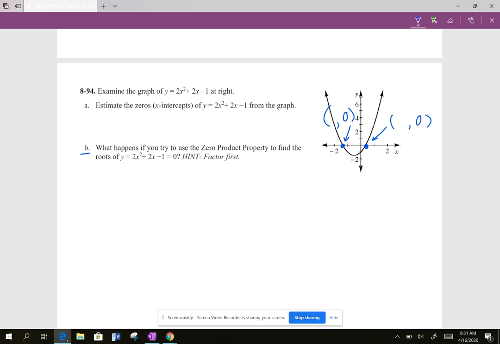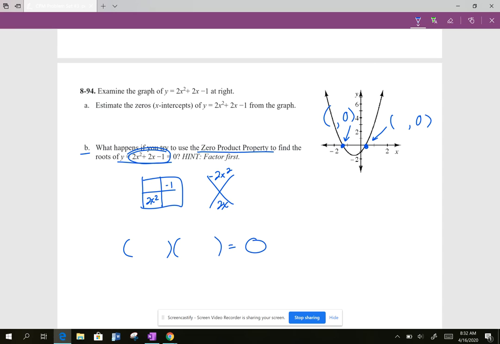And then what happens if you try to use the zero product property to find the roots? You are going to try to factor this first. And then rewrite it as a product, if possible, and set it equal to 0 so that you can solve for x. Keyword, if possible.